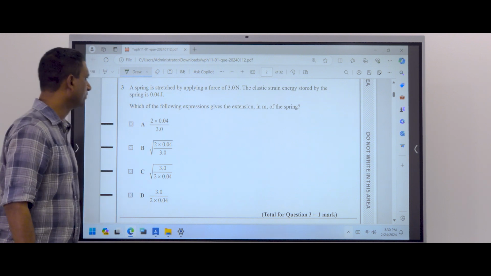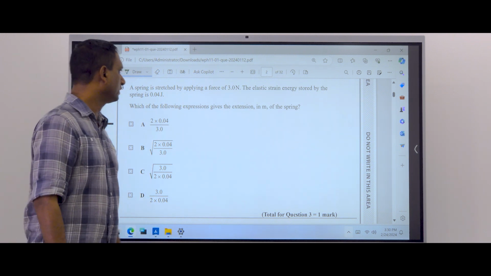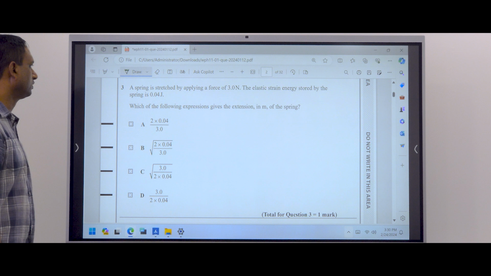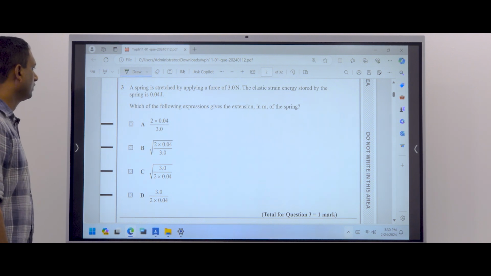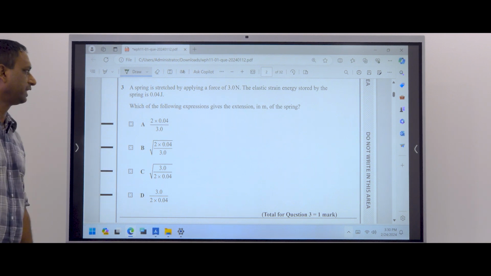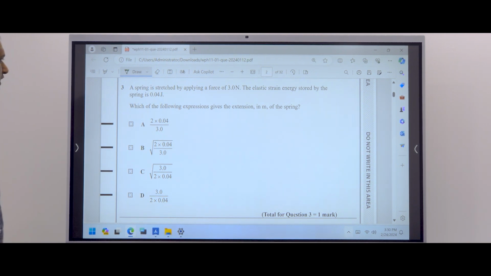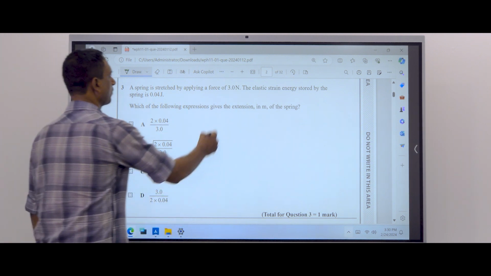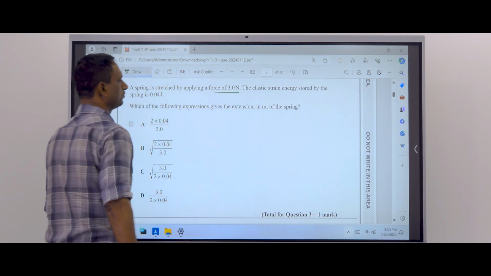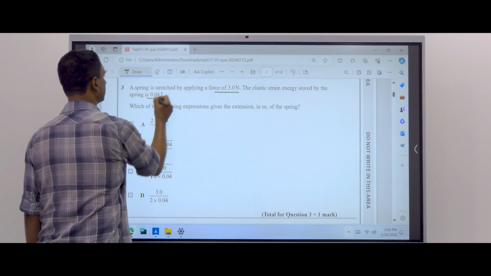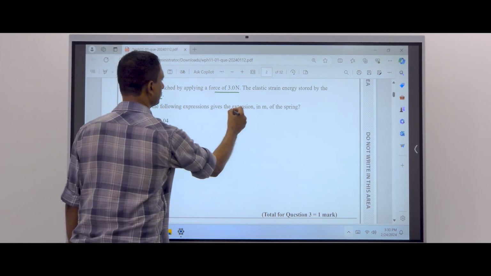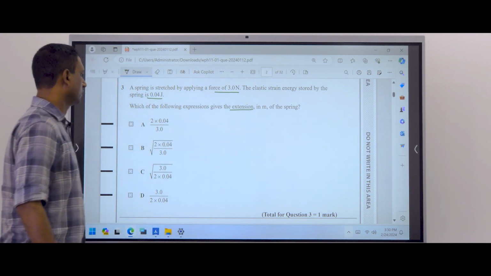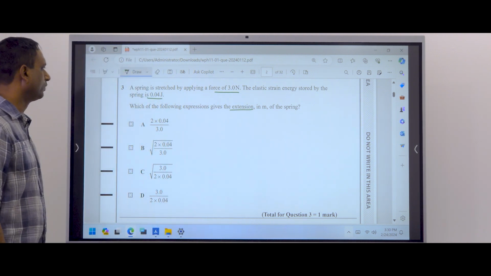A spring is stretched by applying force 3 Newton. The elastic strain energy stored by the spring is 0.04. Which of the following expressions give the extension? Extension in meter. They are given the force, energy and extension to be found. We have 3 energy equations.